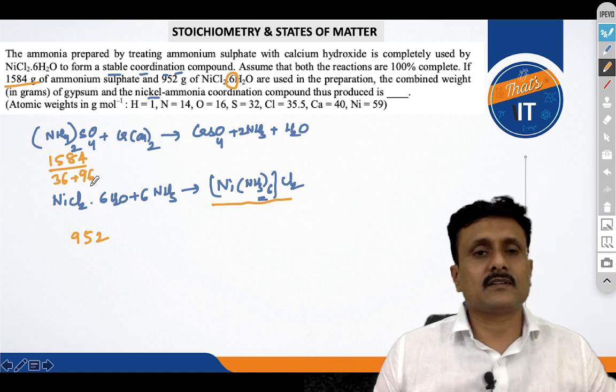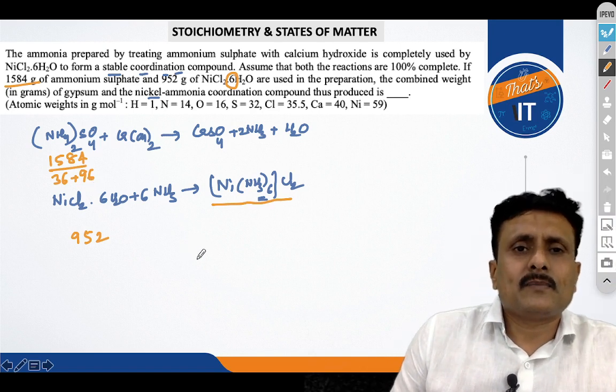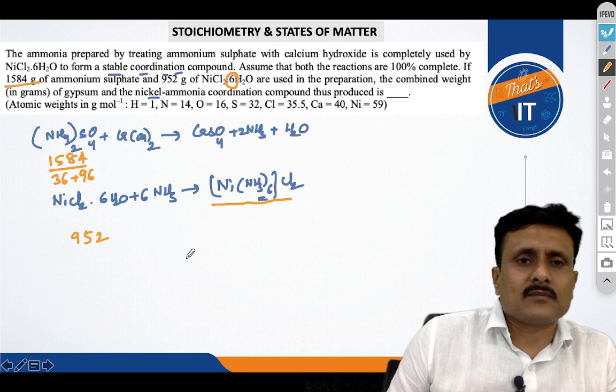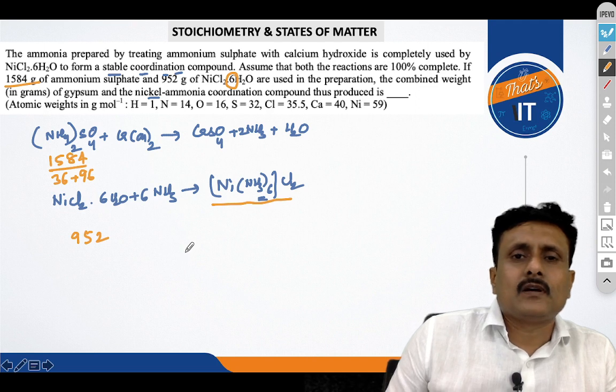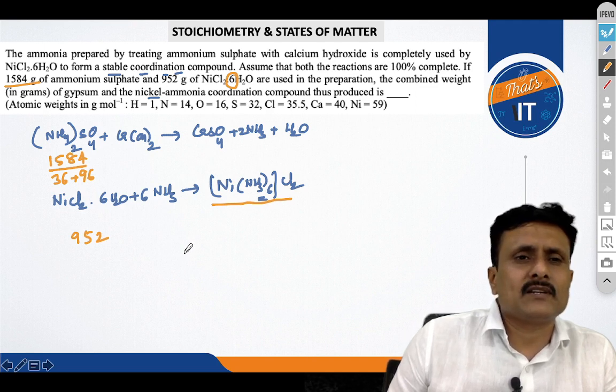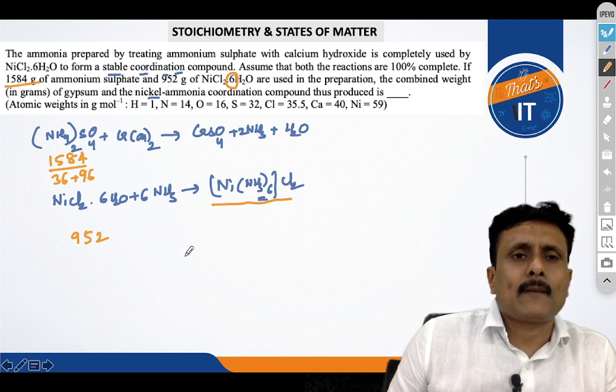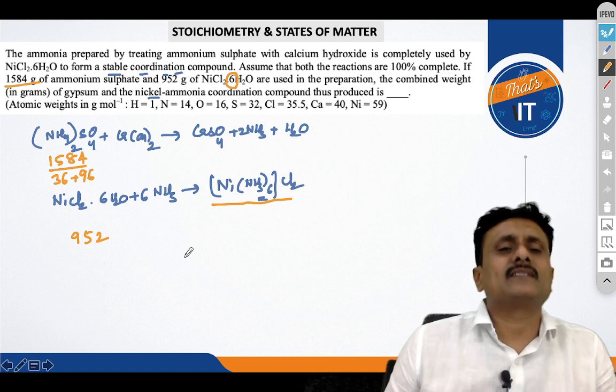Alright, now we can see that we need to end up at the 952 grams of the complex. So what is it that we need to find out? Assume both reactions go to completion with precipitation, the combined weight of gypsum and nickel complex produced is asked, isn't it?